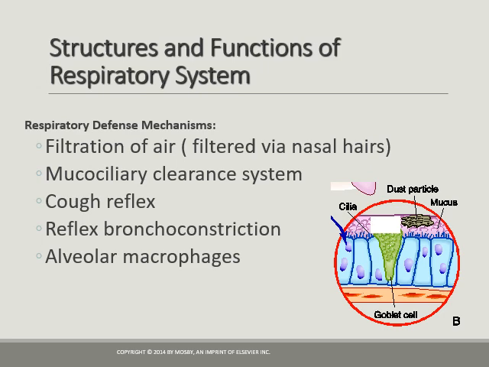So it's very important that they have good and working defense mechanisms. Nasal hair, we talk about that, and it filters inspired air, so large particles are removed, but the smaller ones can get through, and the cough reflex brings it out.